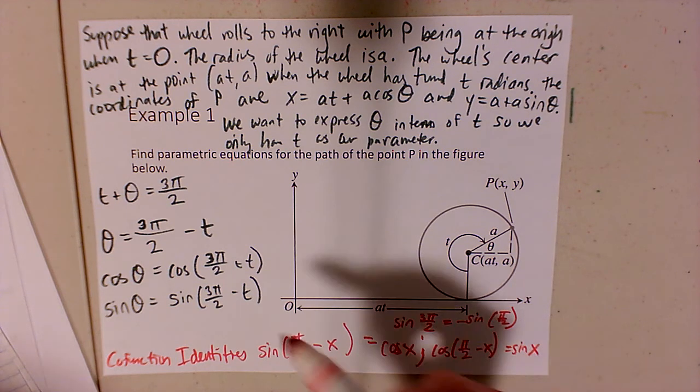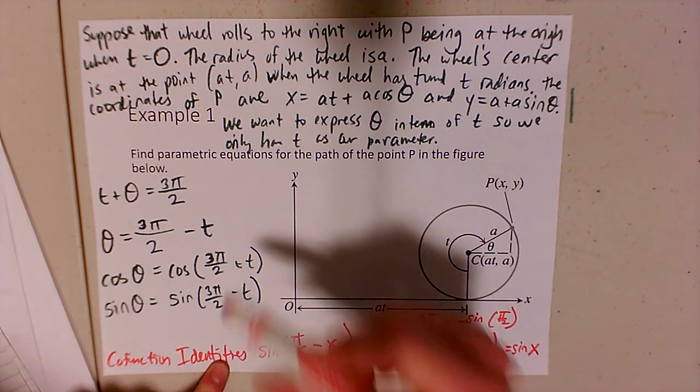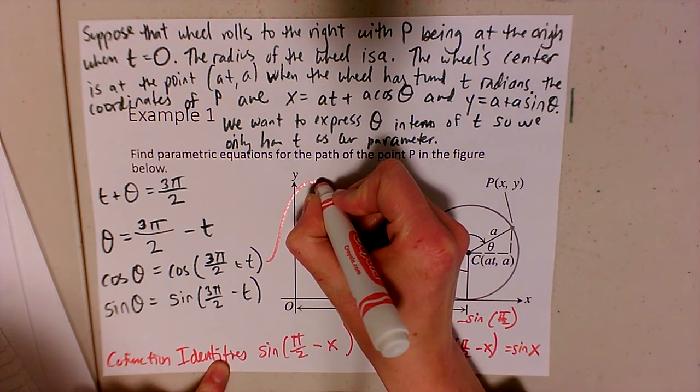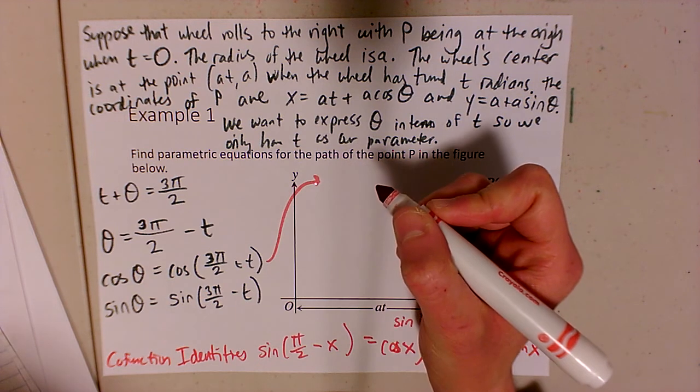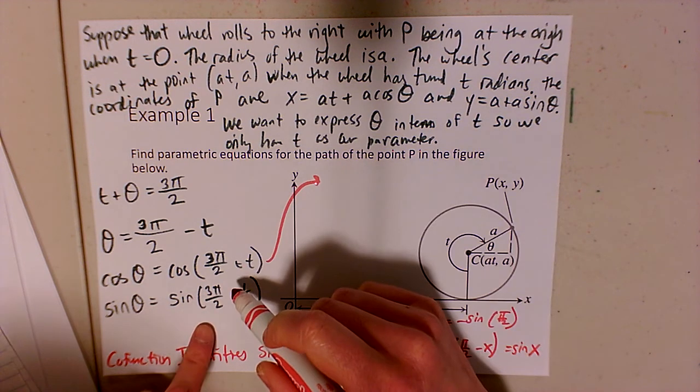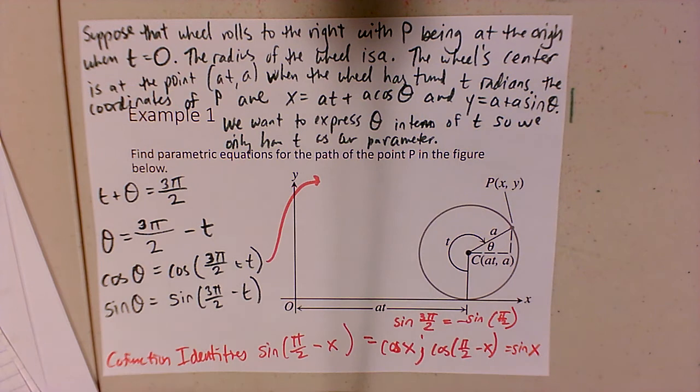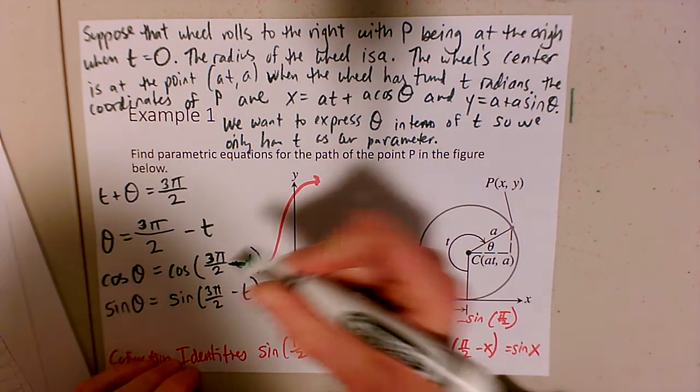Alright, so if we use these identities and go back up here and rewrite these, so cosine of 3 pi over 2 minus t, right, and then this should be a minus sign right here.